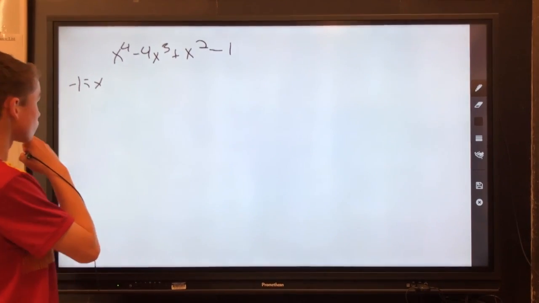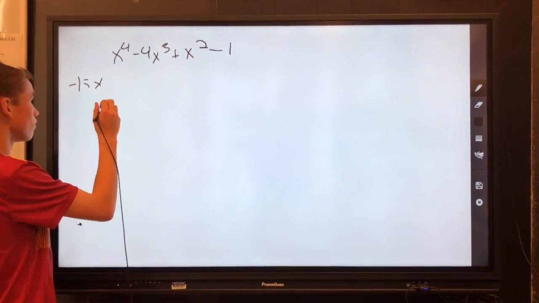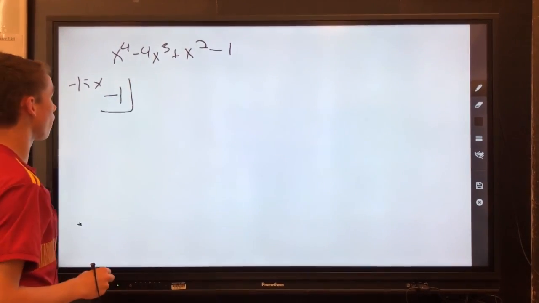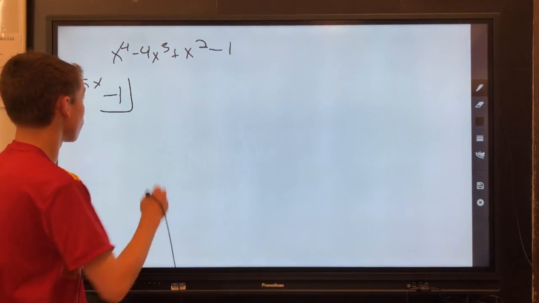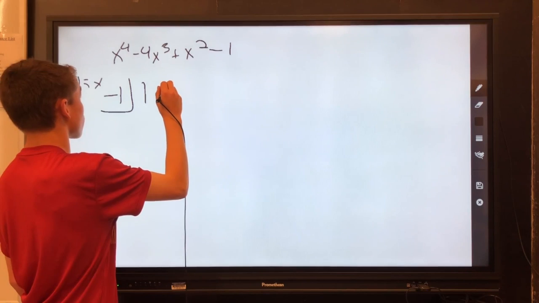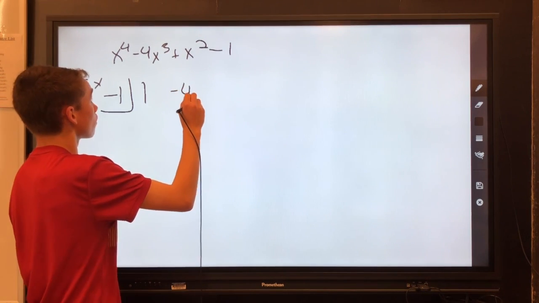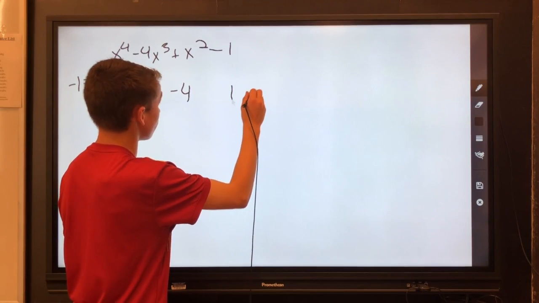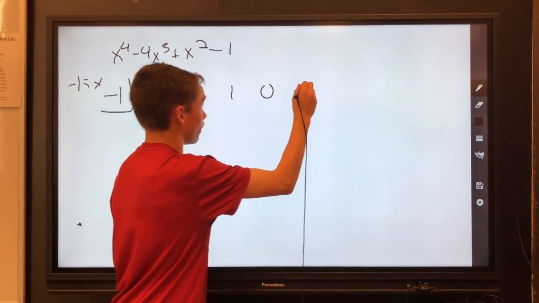All right, so we take this number and we divide when we do a Taylor expansion with it. So 1, negative 4, 1, 0, and negative 1.